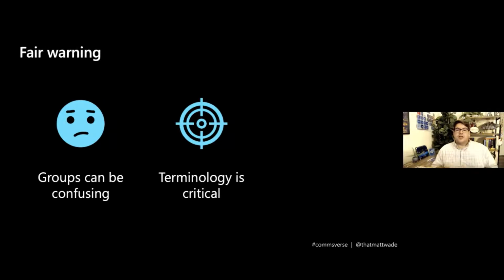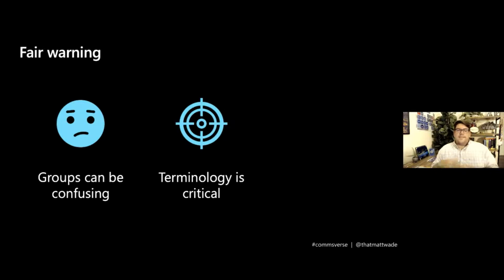Another is terminology. The word group, the word team, a couple others within the Office 365 sphere, they've effectively been stolen from us in the English language, because you can't really verbally say the word group, and your audience doesn't necessarily know if you mean the big G Group, meaning the actual Microsoft 365 Group, or a group, little g, as in a collection of people.